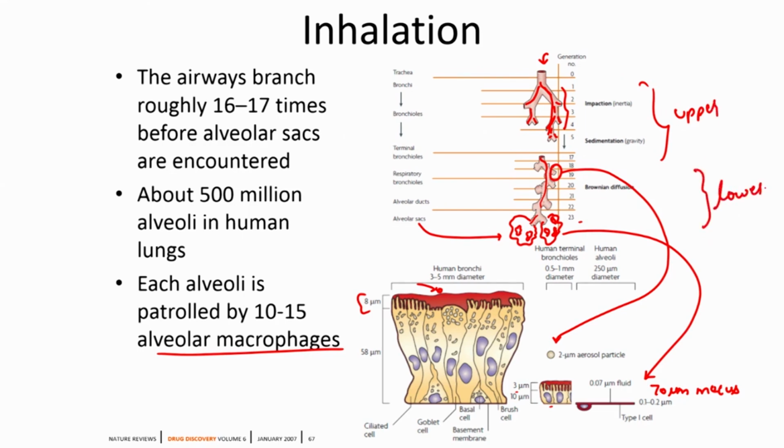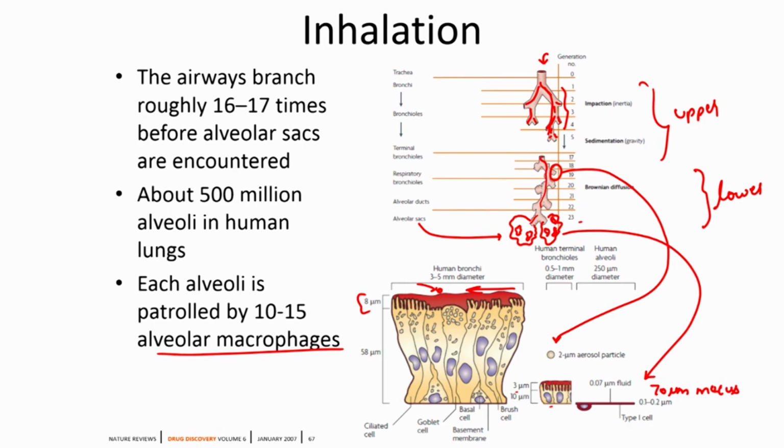So, if you deliver something and it gets stuck in the upper region, due to this mucociliary clearance, the mucus is going to be taken away, and along with that anything that is stuck to it. All of this will get eliminated from the lung and will either go down to the stomach or get eliminated in some other fashion. So, that is what you want to avoid.